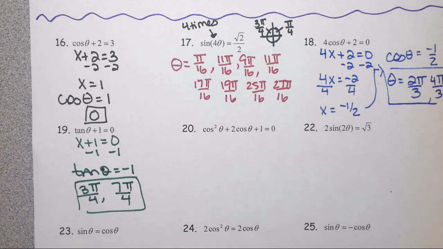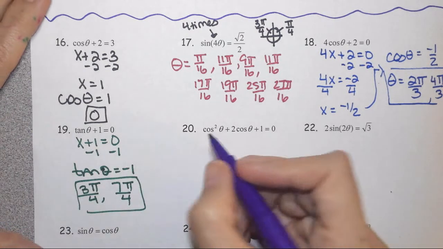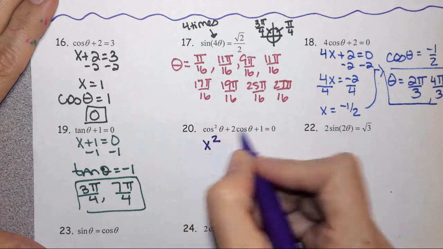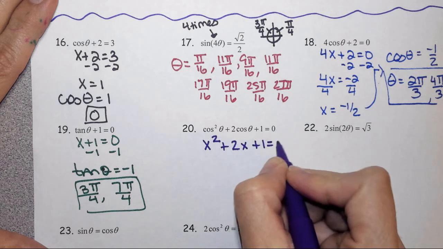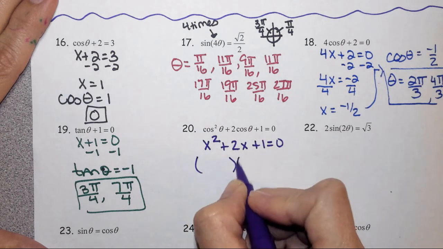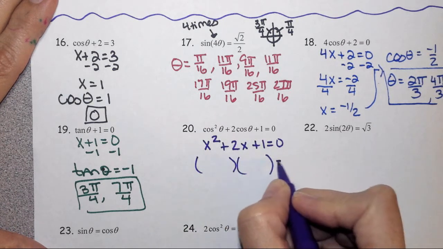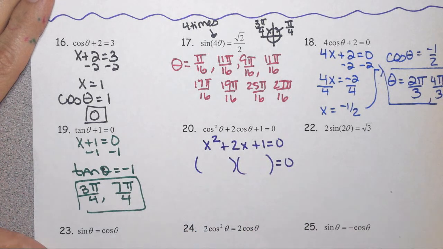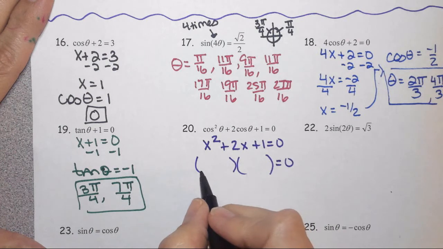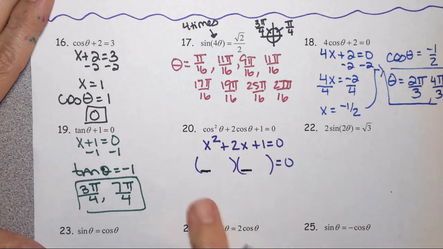All right, number 20 is going to require that you remember how to factor. So I'm changing all the cosines to x. It's a trinomial, which means it has 3 terms. So I'm going to write 2 parentheses. And what I'm trying to figure out is what are the first 2 numbers I can multiply together.